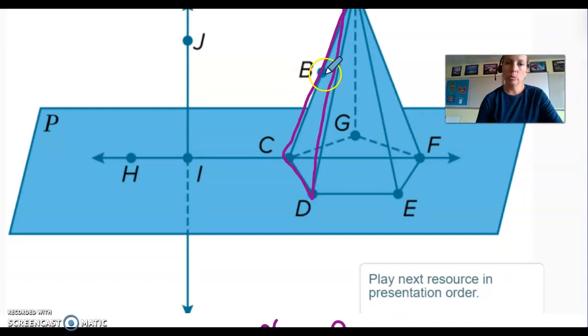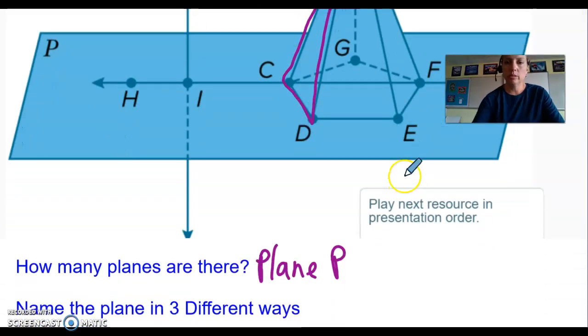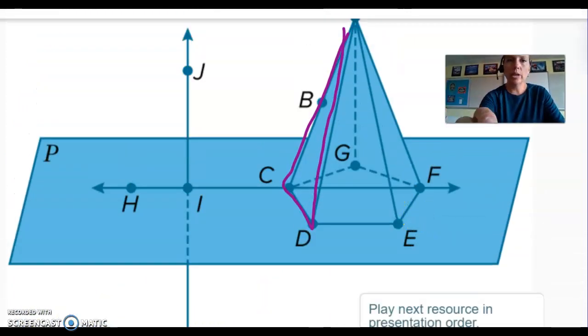So I could call this one plane B, C, D. Those are 3 points on that plane, not in a straight line. So there's 2. We could also have this plane here in the front, with those 3 points.